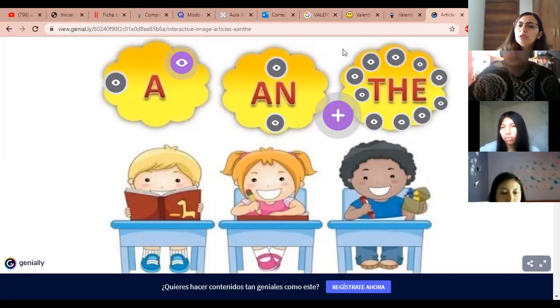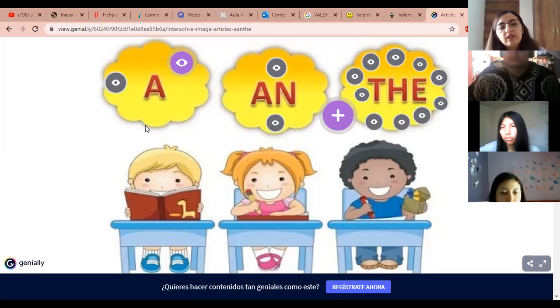So, what was the difference between a and an? These articles. ¿Cuál será la diferencia entre estos dos? When do we use a? When the next word starts with a consonant.